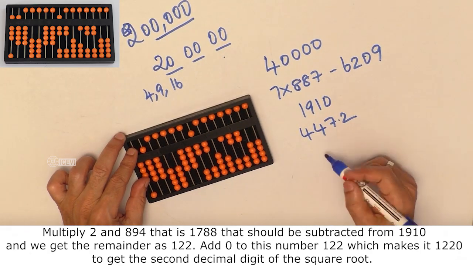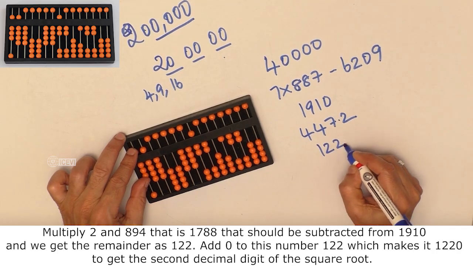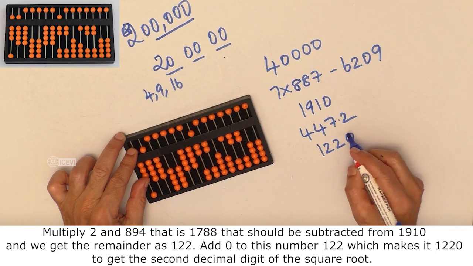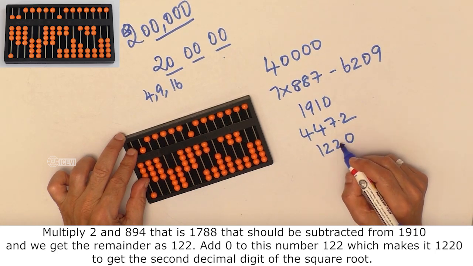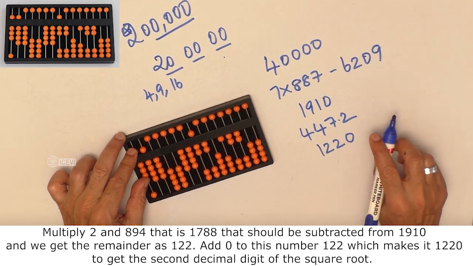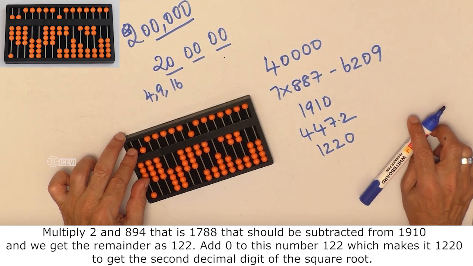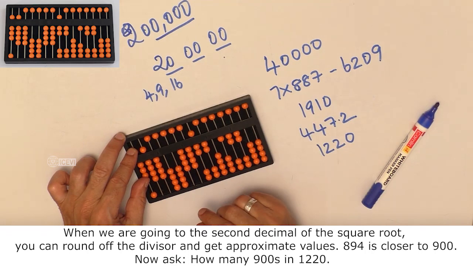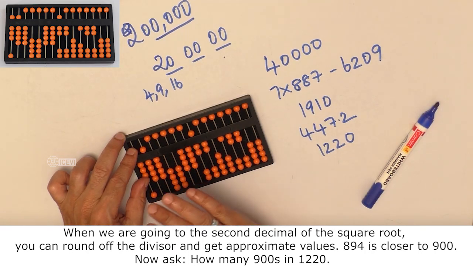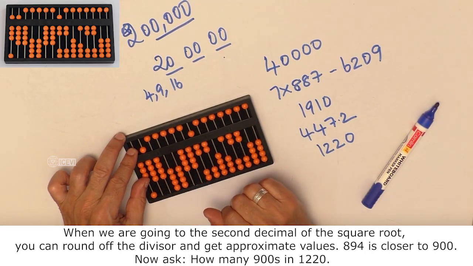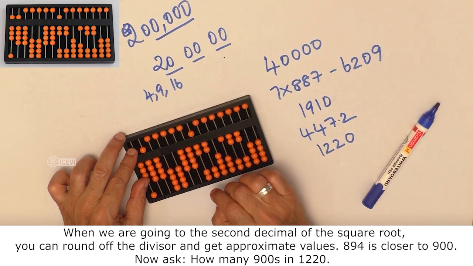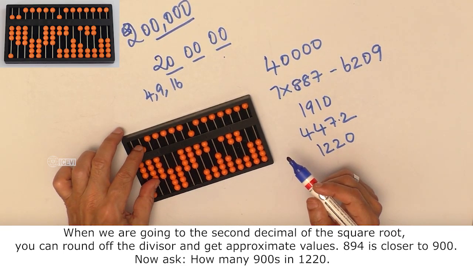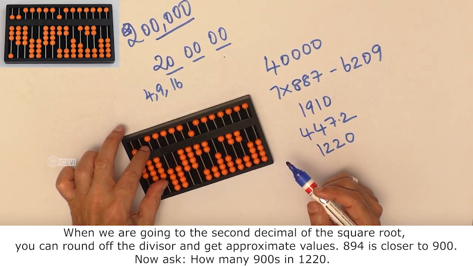Add 0 to this number 122, that makes it 1220 to get the second decimal digit of the square root. When we are going to the second decimal of the square root, you can round off the divisor and get approximate values. Now 894 is closer to 900.